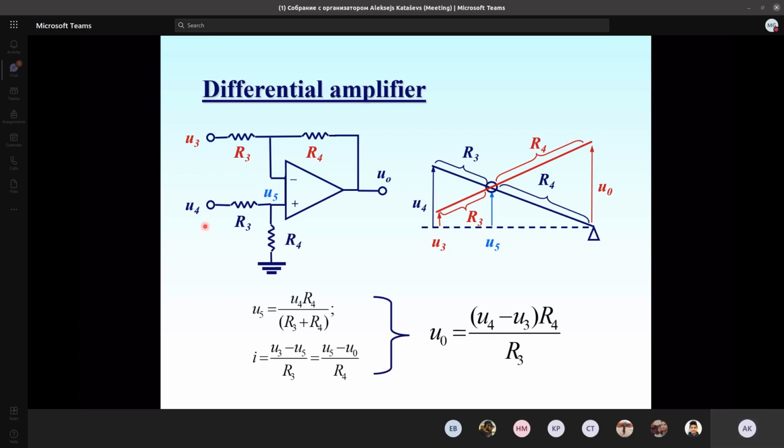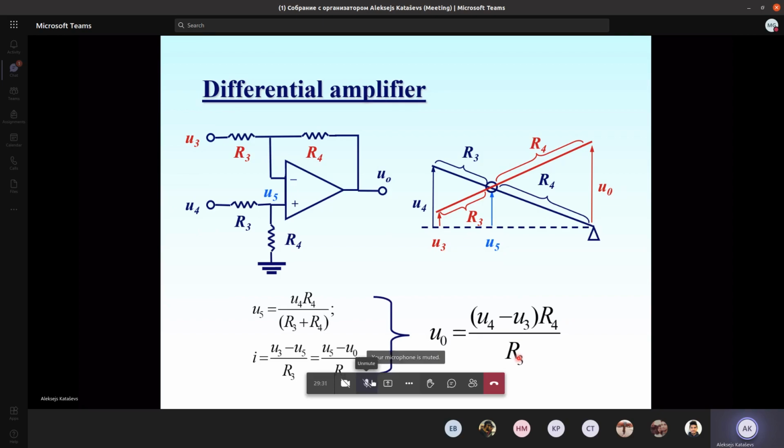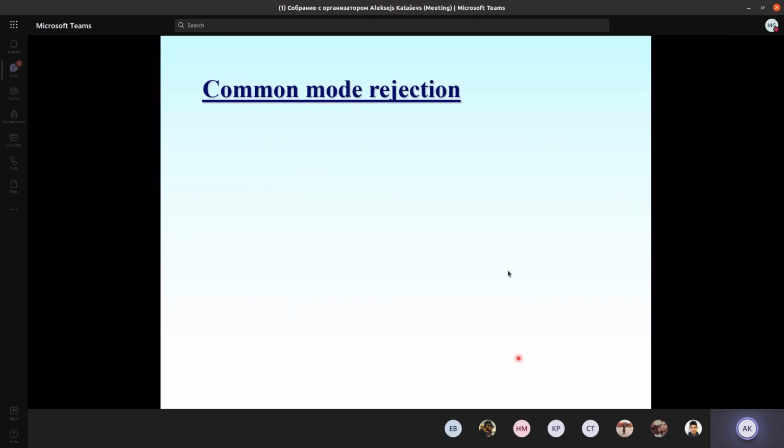If U4 and U3 are equal, what will this equation say? What will be the output if U4 and U3 are equal? Zero, yes. So for the ideal differential amplifier, the theoretical common mode gain will be 0.